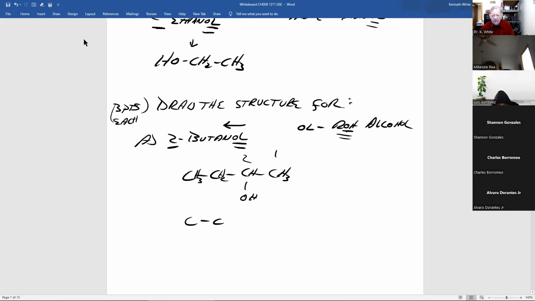Now, you could have also written it this way. And let's call this Roman numeral 1, Roman numeral 2. Which is the correct answer? They both are. They're identical. Molecules do not stay fixed on a piece of paper. They rotate.